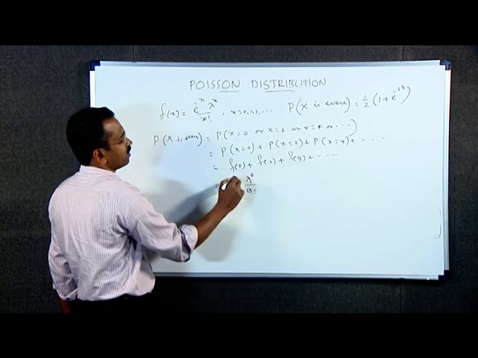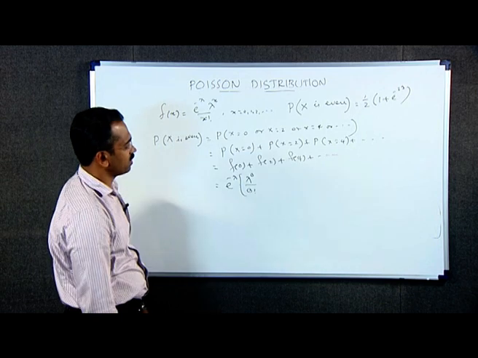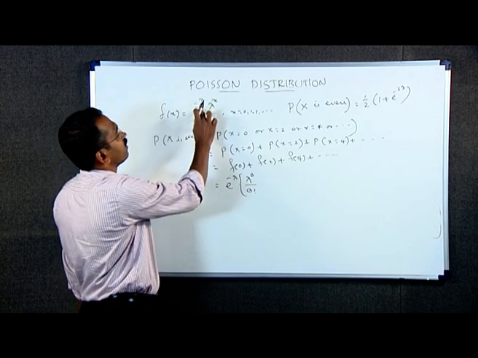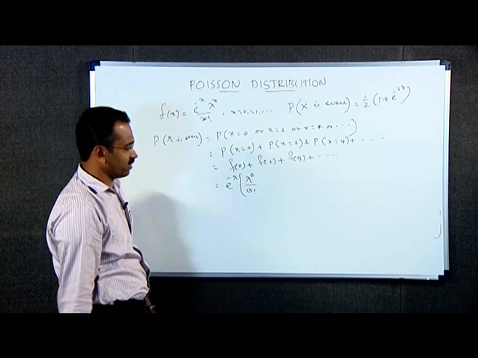Here we can take e raised to minus lambda as a common factor because it is independent of x.